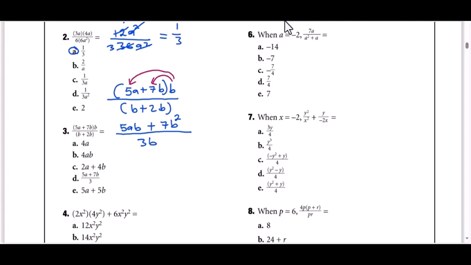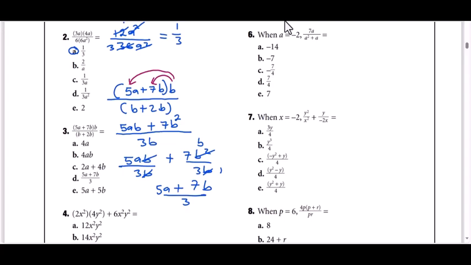Okay, so let's say we can have 5ab over 3b plus 7b squared over 3b, such that this b will cancel out and you have 5a over 3 plus 7b over 3.